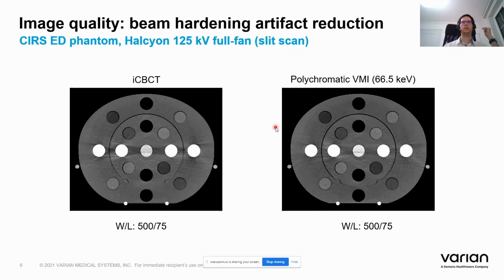Here we chose the mean energy of the imaging beam, that's 66.5 keV. And as you can see in the right image, the shading in between the bone inserts was reduced in the polychromatic reconstruction. This result, as anticipated, suggests that having an explicit physics model for the polychromatic attenuation might help to reduce beam hardening artifacts.